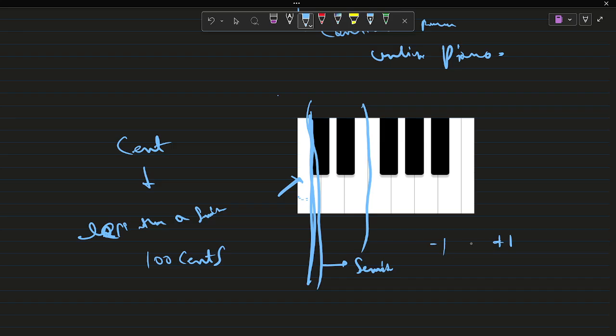So cent increment from 0, the increment means the sharp portion, the notes are getting sharper, and this means it is getting flatter. So this portion is for flat and this portion is for sharp.